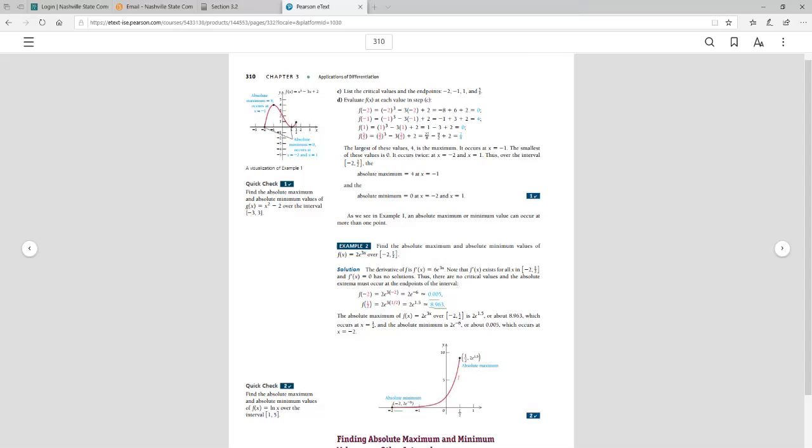So 8.963 is pretty close to the highest value that occurs when x is 1/2. And then you have 0.005, which is very small. In fact, it looks like it's on the x-axis. It's not. If we were to zoom in, we would see that it's just barely above it. But anyway, we can figure out the absolute maximum and absolute minimum values. And again, since we have no critical values to worry about, those extrema occur at the endpoints.